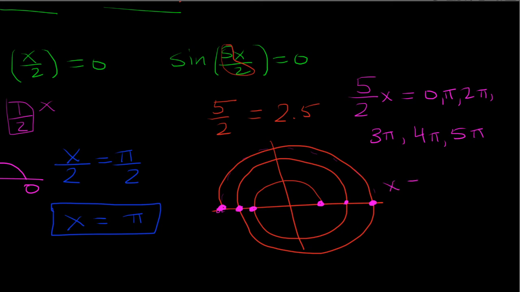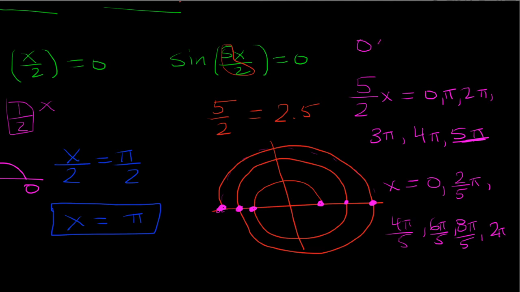So in order to solve for x, we have to divide everything by 5 and multiply by 2. Okay, so we're going to take 0, pi, 2 pi, etc., and divide that by 5/2, which is the same thing as multiplying by 2/5, and we get 0, 2 over 5 pi, 4 pi over 5, 6 pi over 5, 8 pi over 5, and really 2 pi, right, for this 5 pi, but we don't want to include 2 pi, right?